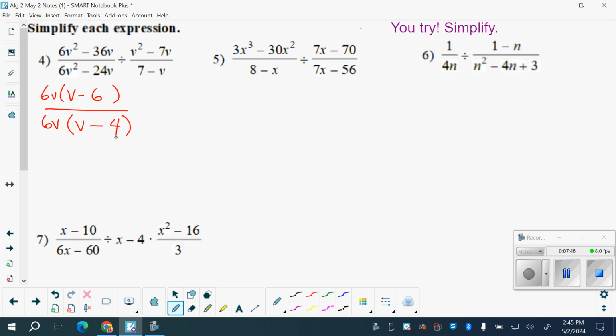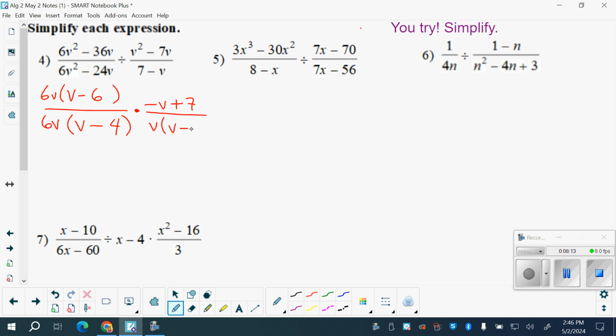And so now, while we're doing that, I'm going to change this to multiplication, and then I need to take the reciprocal here. So this 7 minus v, is that the same thing as negative v plus 7? Okay, I'm going to tell you why I'm doing that in a moment. Just hold on. So this v squared minus 7v, how does that factor?